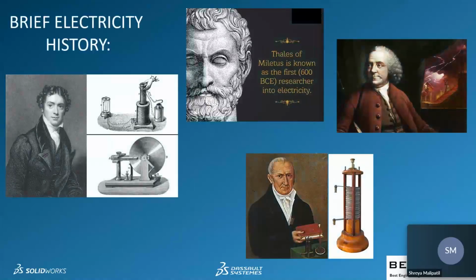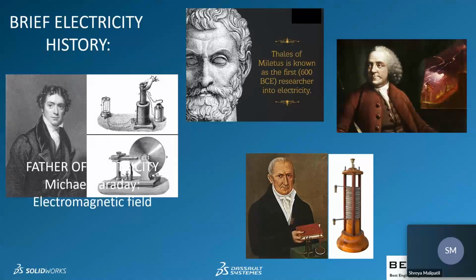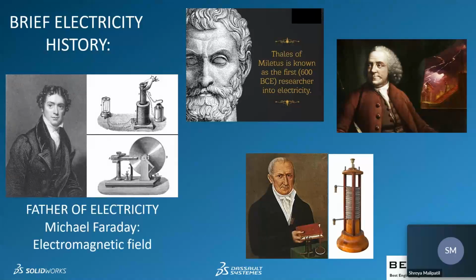Now, coming to the brief history of electricity. You can see the different changes that have been undergone throughout the history of our electrical industry. The father of electricity, Michael Faraday, found the electromagnetic field. Thales of Miletus is known as the first researcher into electricity.